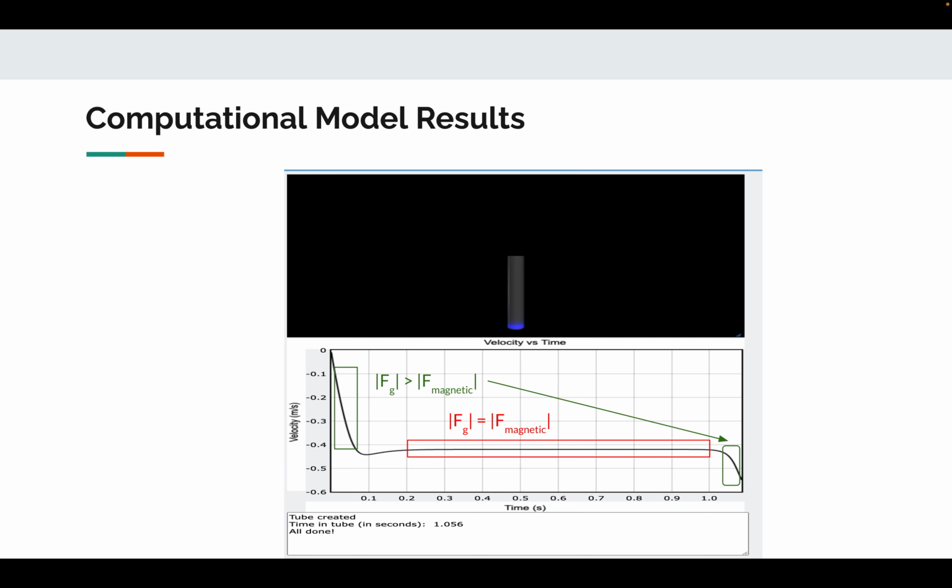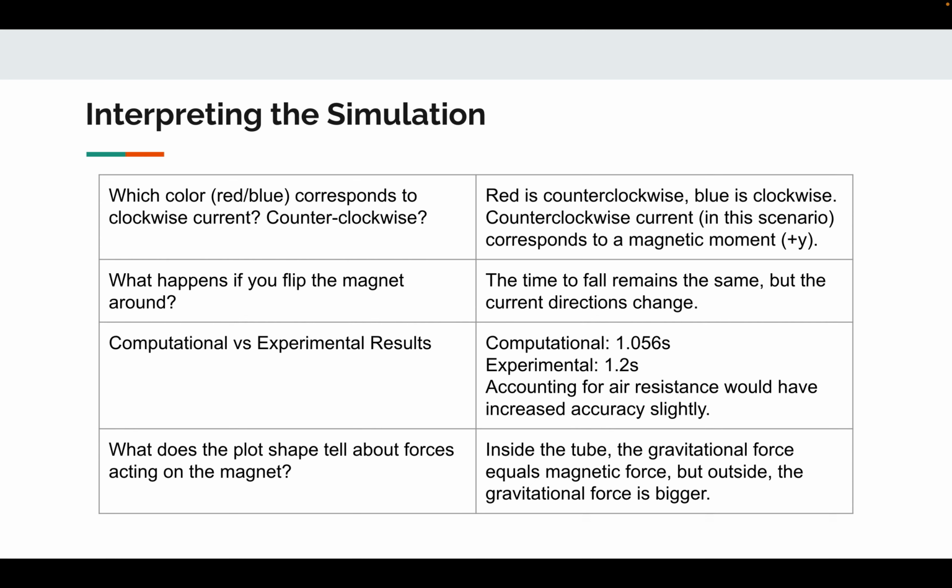As you can see, inside the tube, the two forces are equal, while outside the tube, the gravitational force is greater than the magnetic force, as you can tell by the change in velocity being non-zero. So which color, red or blue, corresponds to clockwise current and counterclockwise current?